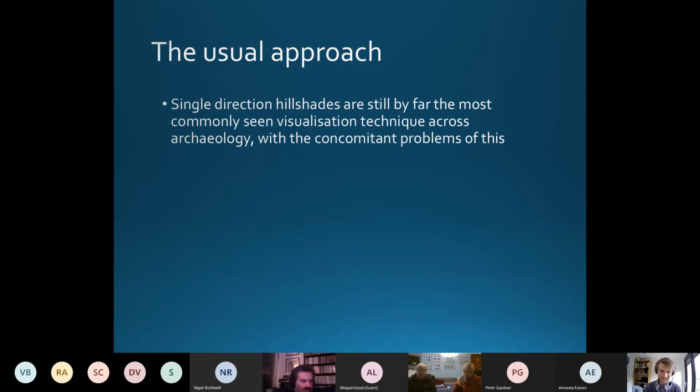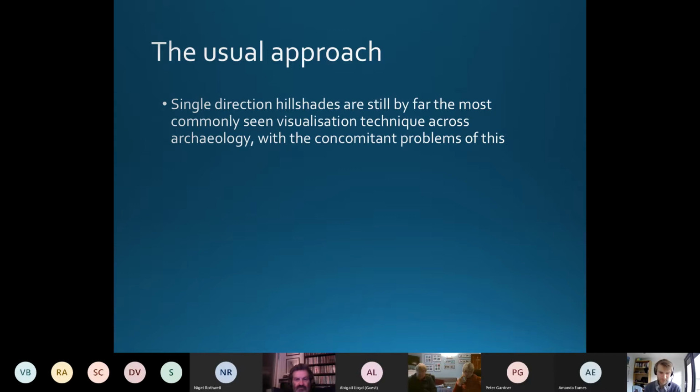But sadly, single direction hillshades are still what you tend to see. Whenever I see commercial archaeology working with LiDAR data, even other public sector archaeology organizations, inevitably it still seems to be a single direction hillshade.